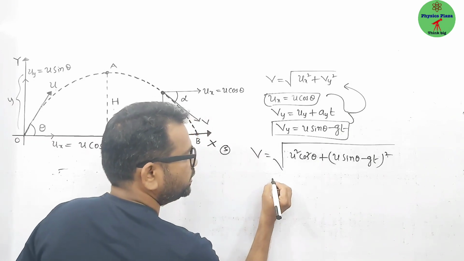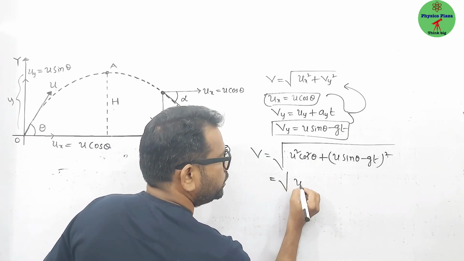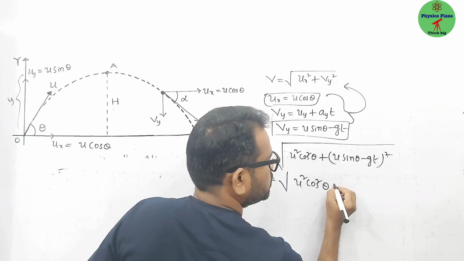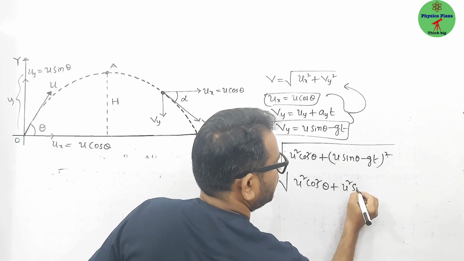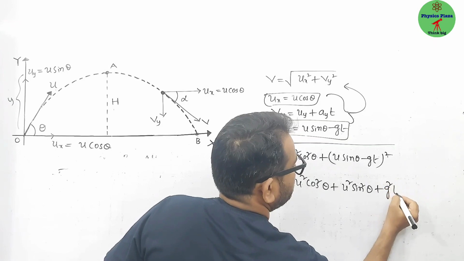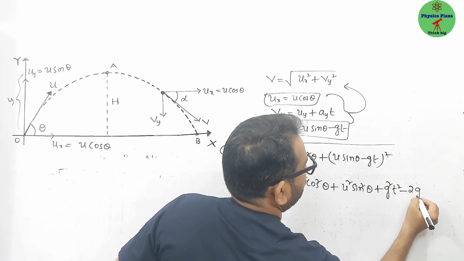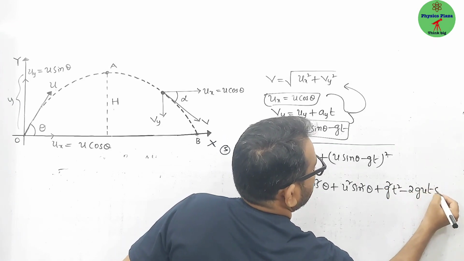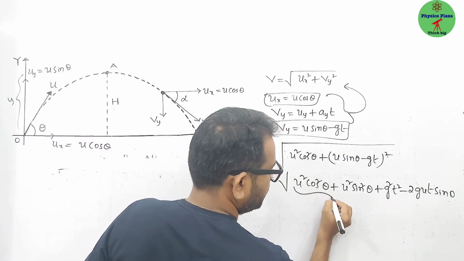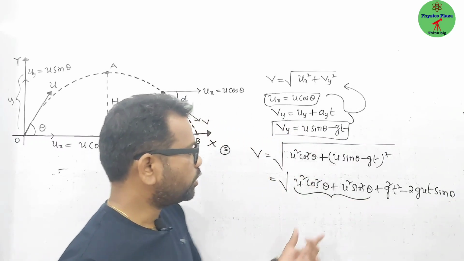Now let us simplify this. This is going to be u square cos square theta, plus a square plus b square minus 2 g u t sin theta. Children, here u square cos square theta plus u square sin square theta, you can take u square as common.